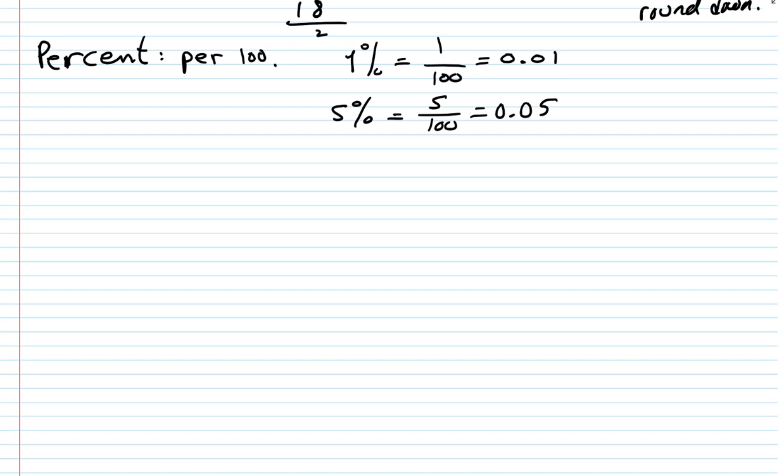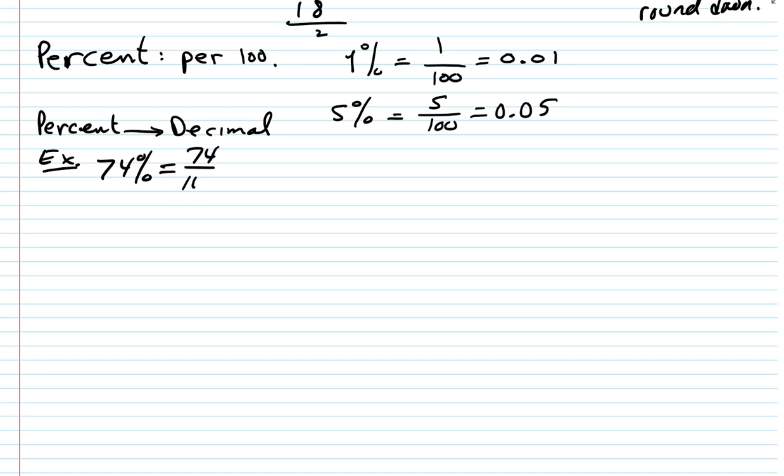Now, how do we convert percent to decimals? To go from percent to decimal, let's say I have 74%. All you got to do is read the number, 74 per 100, and then write it.